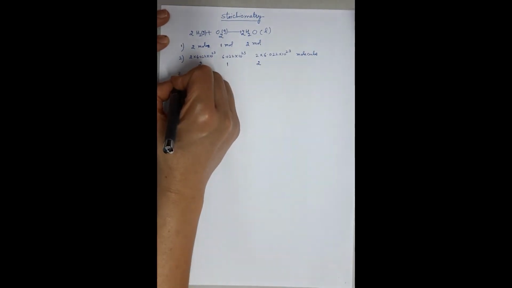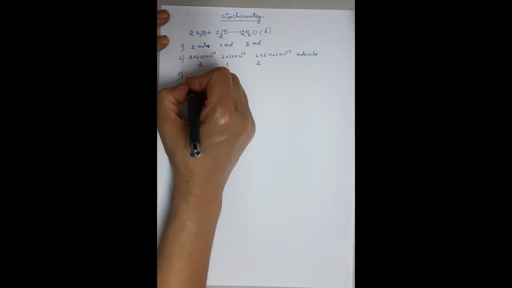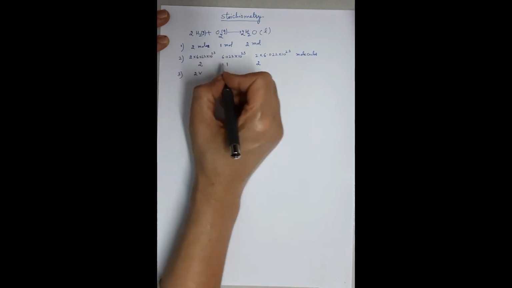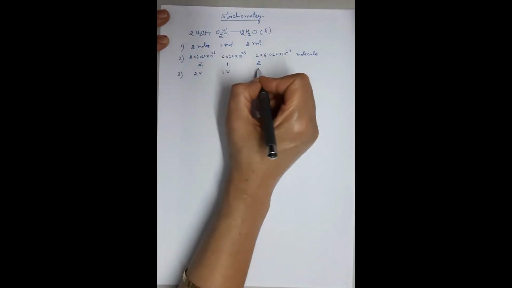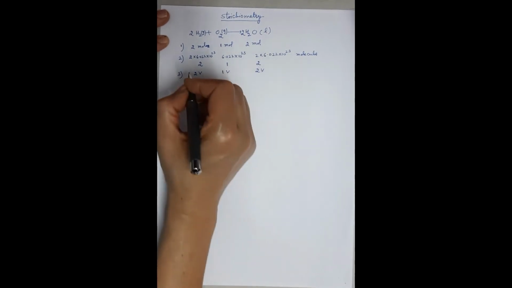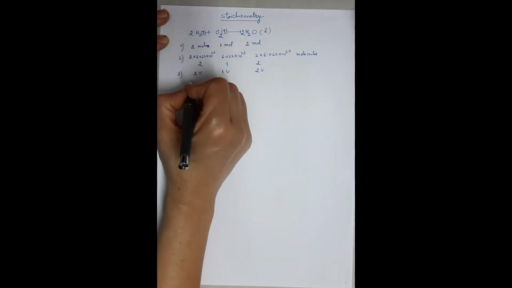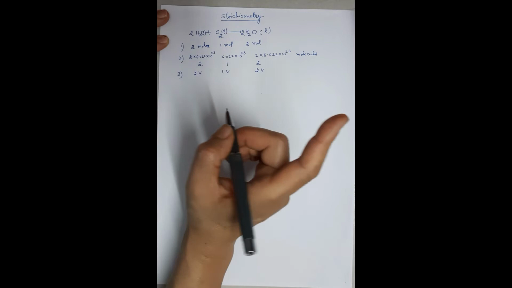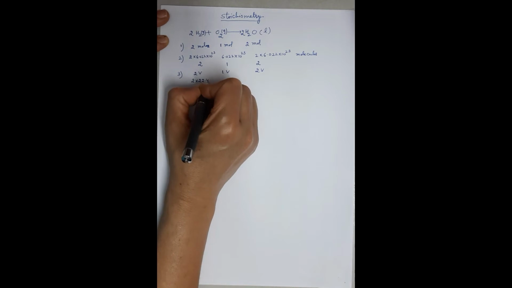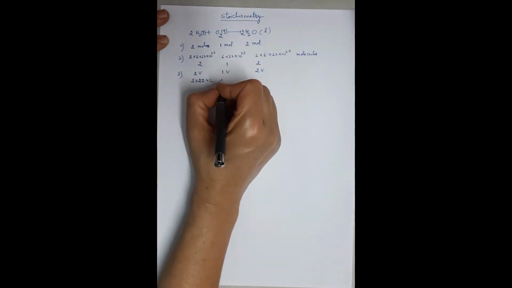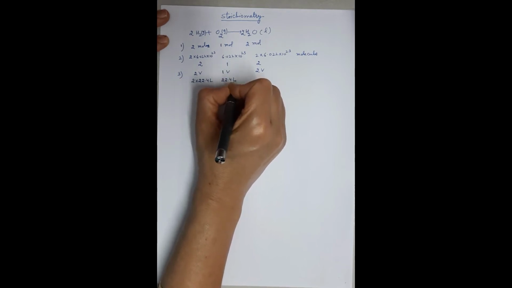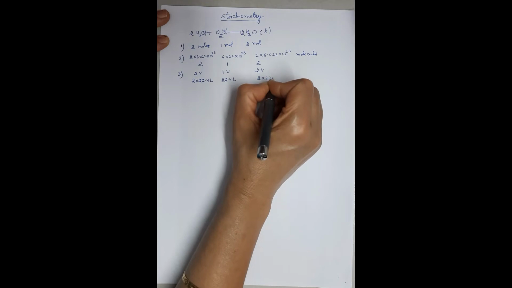There is one more information which we get here. It is about volumes. Shall I say 2 volume of H2 reacts with 1 volume of O2 and gives you 2 volume of water. I may also say, when I say 2 moles of H2, 1 mole of H2 occupies 22.4 liter. So I'll say 2 moles will occupy 2 into 22.4 liter. 1 mole means it occupies what volume? 1 mole, it is 22.4 liter, and this is also 2 into 22.4 liter.